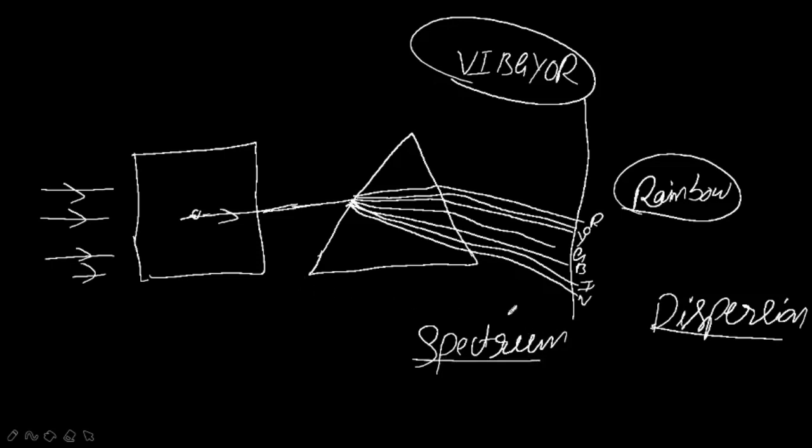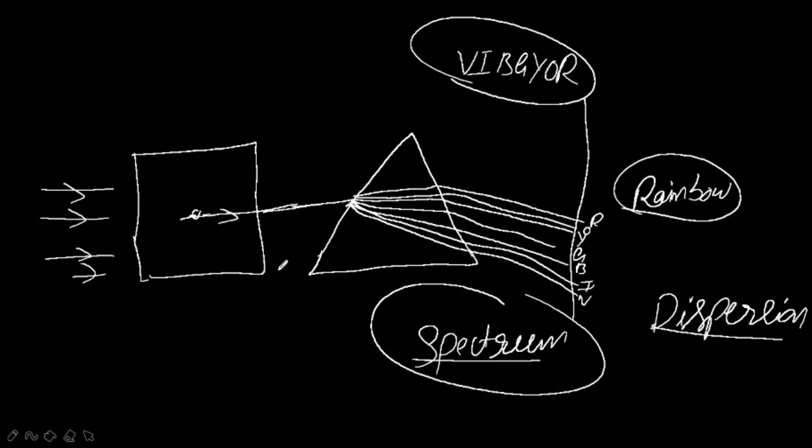The band of colored components of a light beam is called its spectrum. So VIBGYOR is the spectrum of white light. Clear? And the splitting of white light into its component colors is called dispersion.